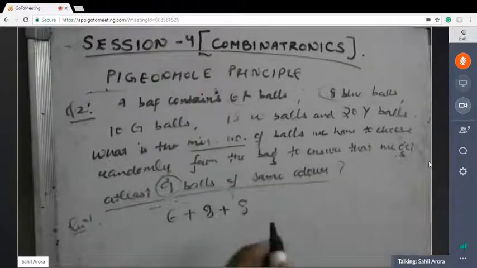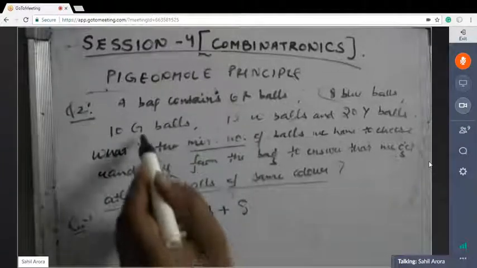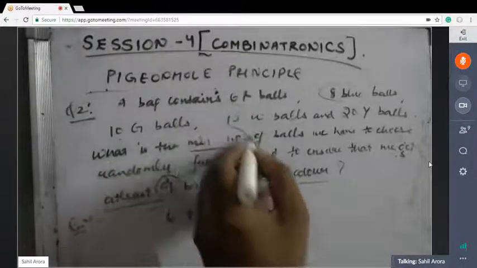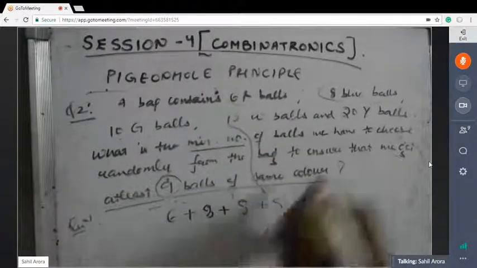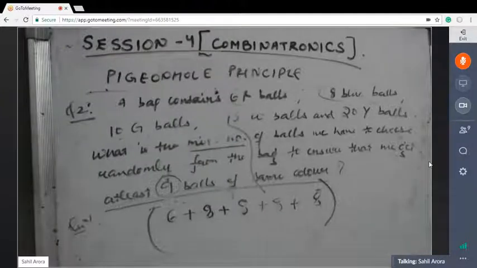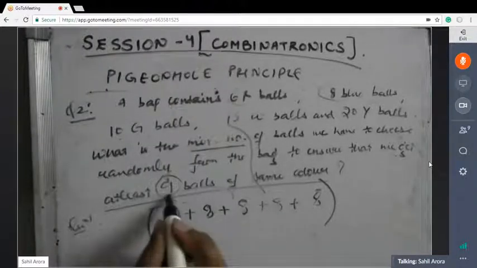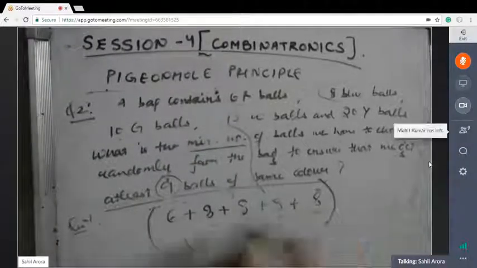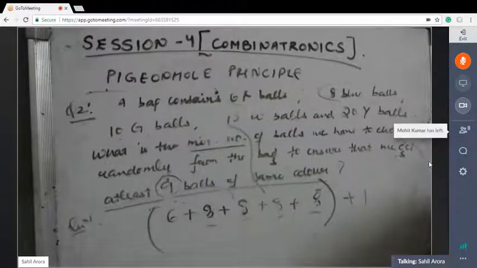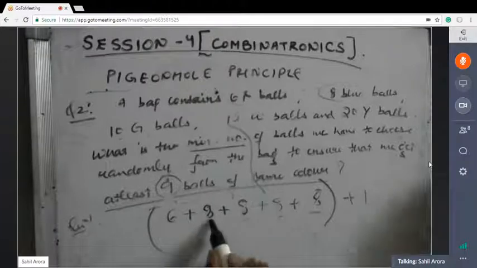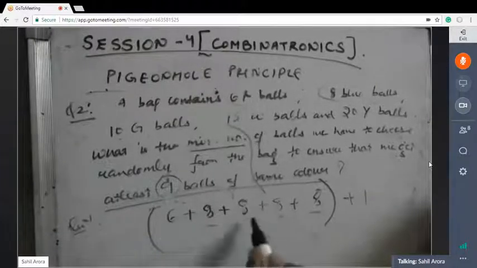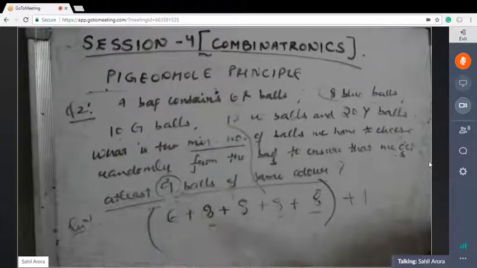So let's say I'm picking 8 from these 10 green balls, again 8 from these 15 balls, and again 8 from these 20. Now this will not satisfy my requirement, because I want at least 9 but I've picked 8. So I will add 1 to it in order to satisfy my requirement, because this 8 can combine with this 1 to give me 9. This can also combine with this to give me 9, and so on.